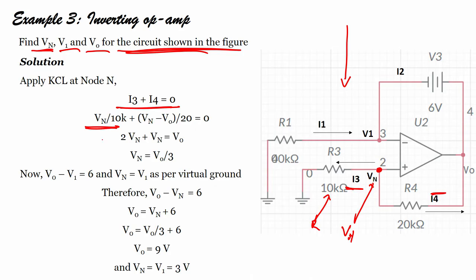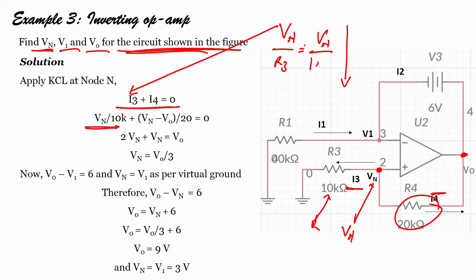So I3 will be Vn by R3, which is Vn by 10 kilo ohm.